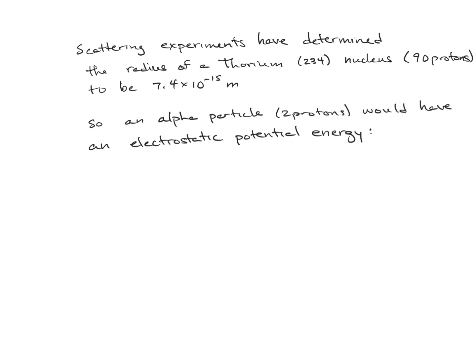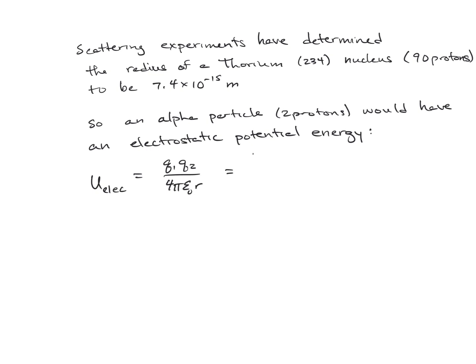So we're going to look at thorium, which has 90 protons, and an alpha particle, which has 2 protons. If that alpha particle is sitting at the surface of a thorium nucleus, it is at a distance of 7.4 times 10 to the minus 15 meters from the center of the thorium nucleus. In that case, we can write an electrostatic potential energy from our plain old physics 2 equation, where we've got 2 charges and some radial separation distance.